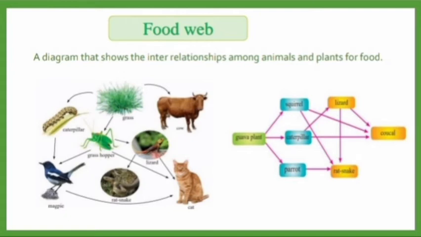Then the grasshopper can be eaten by the cat, the lizard and also the magpie, and the caterpillar by the magpie. Finally, the magpie and the lizard can be eaten by the cat, and the lizard can also be eaten by the rat snake.